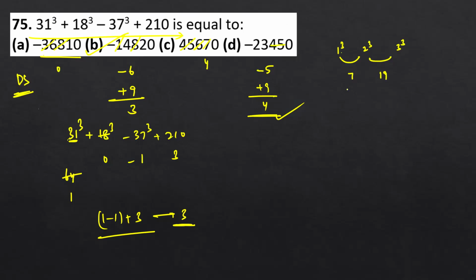It's almost 19. So every cube increases its value by too many values. So you can say 31 cube minus 37 cube, the difference is definitely greater than 18 cube. That is the reason it ends with a negative value. So there's no positive answer for this. This is not going to be your answer. That's all. Thank you.